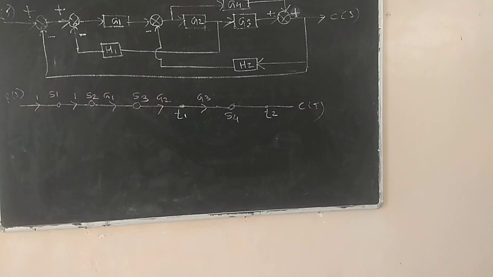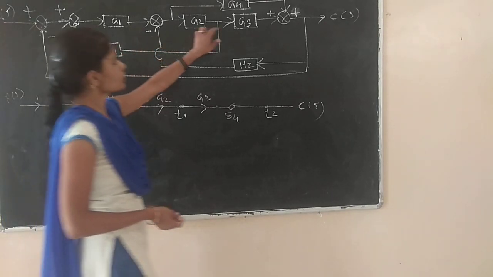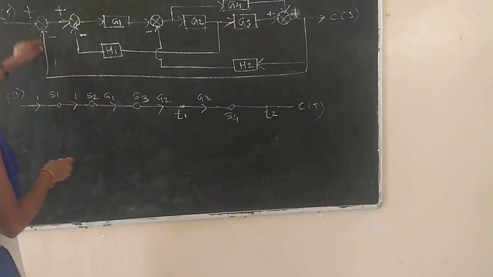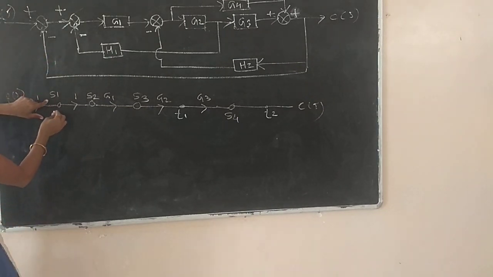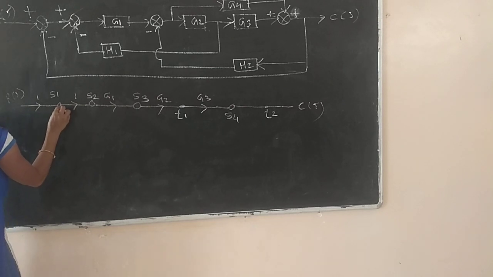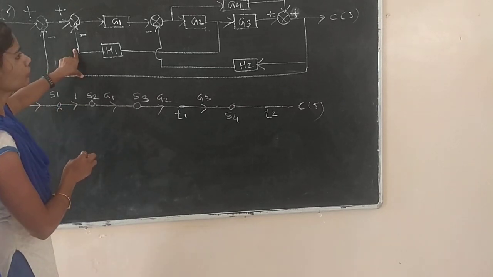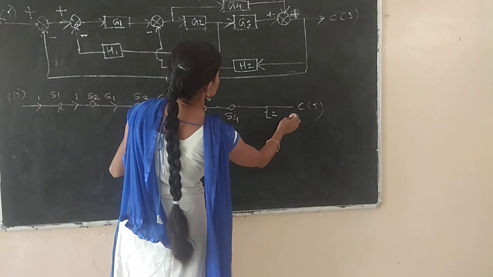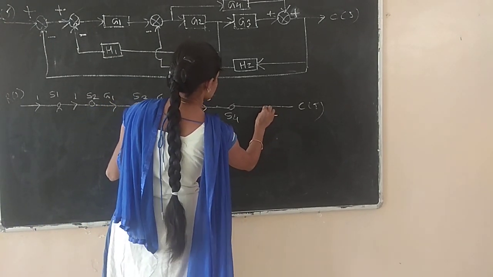Here there are take off points and the naming of T1 and T2. In that, the first summing point and the loop is here, and this is after T2.